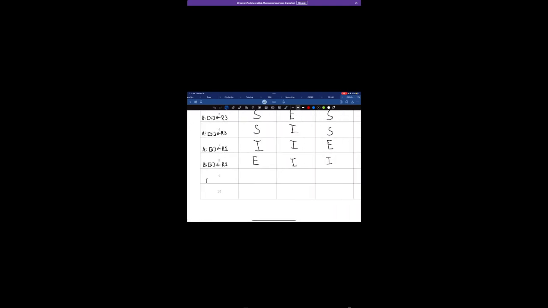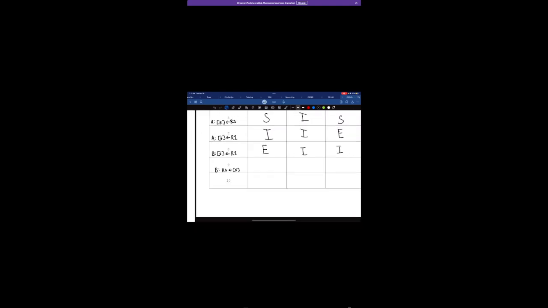The 9, processor B, we're running line 5. Line 5 says address 5 to R2. And on processor B, we don't have a 5.